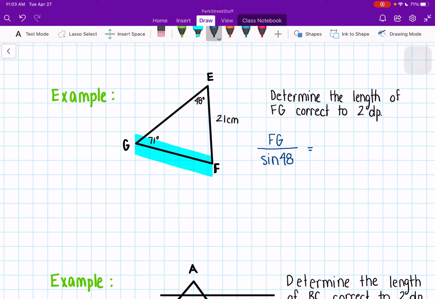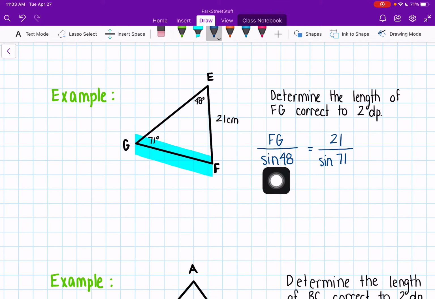Equals, and then we have the side that we know. Now we're not going to say EG because that makes no sense because we don't know what EG is. So we're going to go 21 over sine of 71.